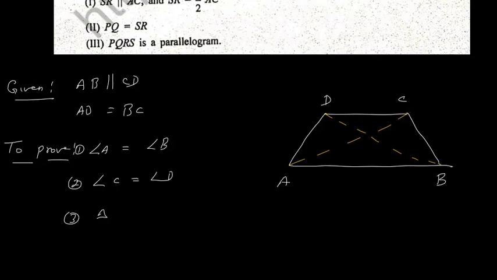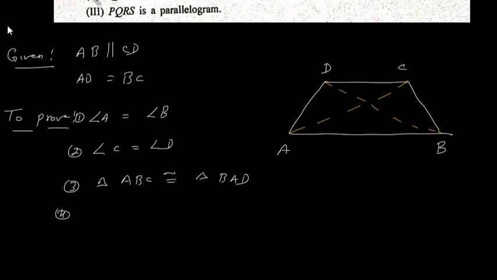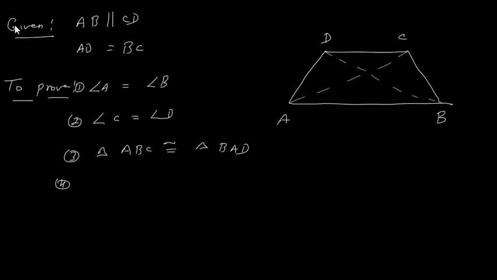So we have triangle ABC congruent to triangle BAD. And last, we have to prove that AC is equal to BD. Diagonal AC is equal to diagonal BD.